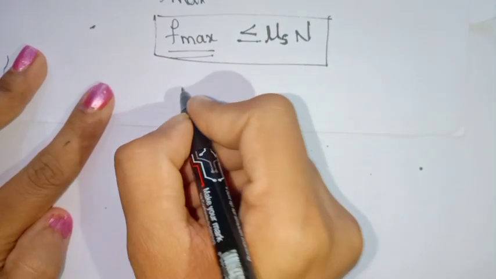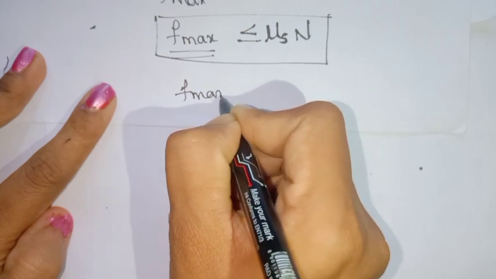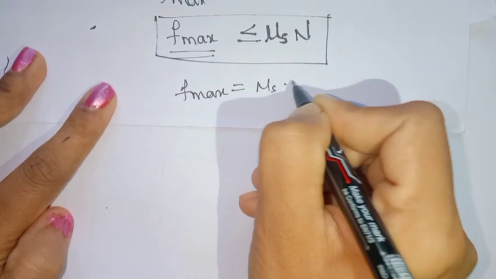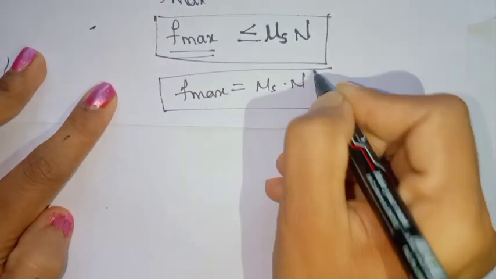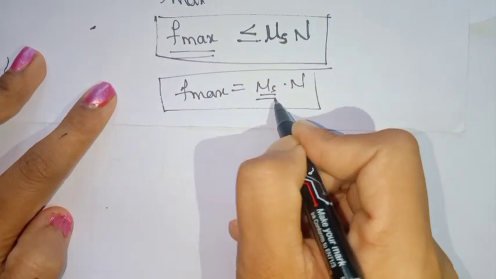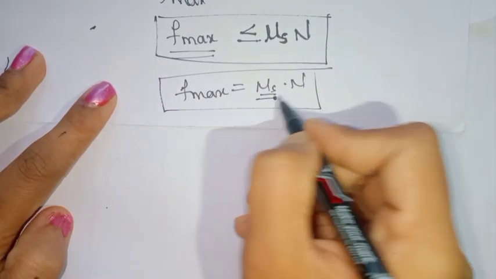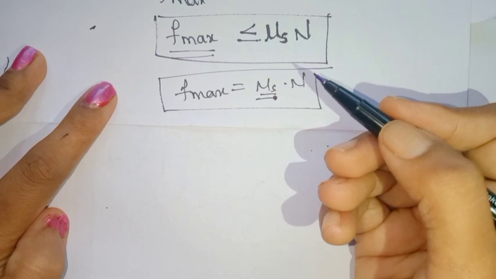Again, using the expression F max is equal to mu S into N, we write the definition of coefficient of static friction.